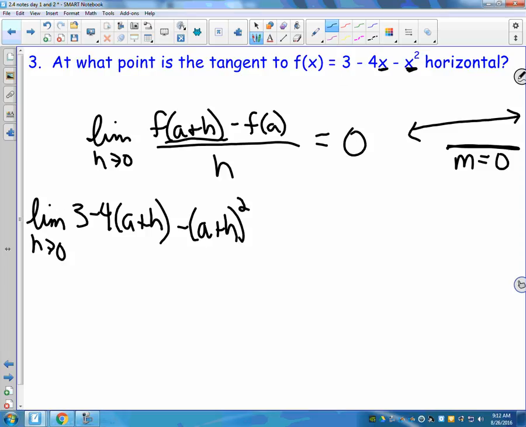And then I have to subtract plugging a in there. So I'm going to distribute my negative this time. So I'm going to say minus 3 plus 4a plus a squared. You with me on that? I just distributed my negative in there.